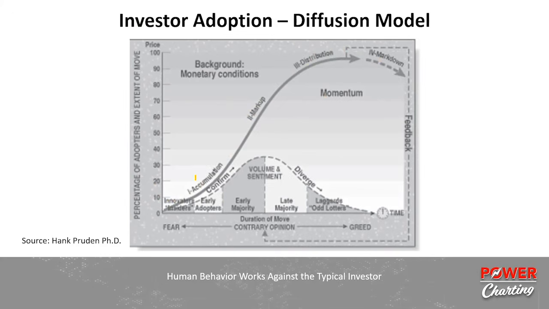So accumulation must occur by the large informed interests, the really smart people, which in this case are the innovators and the early adopters, and they will accumulate shares for the big markup. And after the markup occurs, which can take months and years, there will be a conclusion to the markup phase, which will result in distribution, where these large interests stealthily, carefully distribute their stock out into the marketplace before a markdown comes.